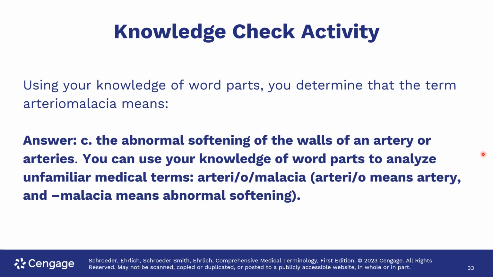So you use the way that you break down the words, and you determine that arteriomalacia means the abnormal softening of the walls of an artery. And you can look it up, but arteri means artery. The combining form is O because malacia starts with a consonant, so you need to have a vowel in there. And malacia means abnormal softening, so it's abnormal softening of the arteries.